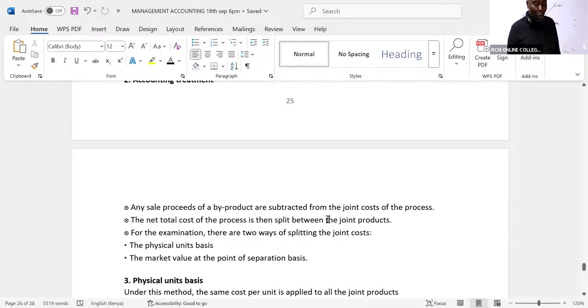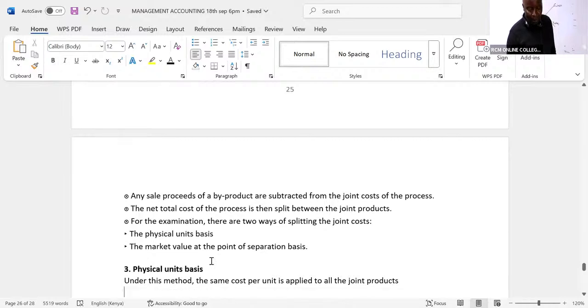Number two, we have market value basis at the point of separation. However, I will still teach you another third method known as net realizable value. But if you look at your past papers, normally they want you to split the joint costs using physical units or market values. We start with the first one, which is the physical units basis.